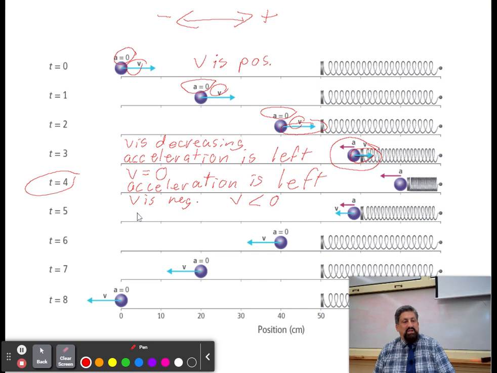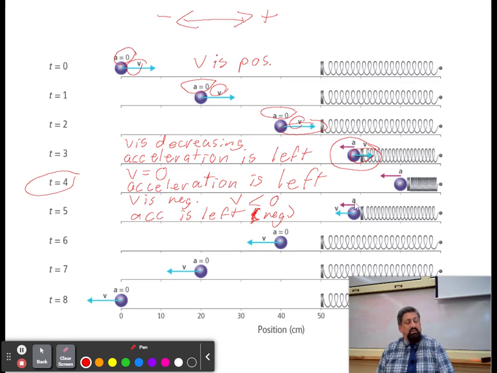And the acceleration is still to the left. But if positive is to the right and negative to the left, we can also say that the acceleration is negative because the acceleration is to the left.